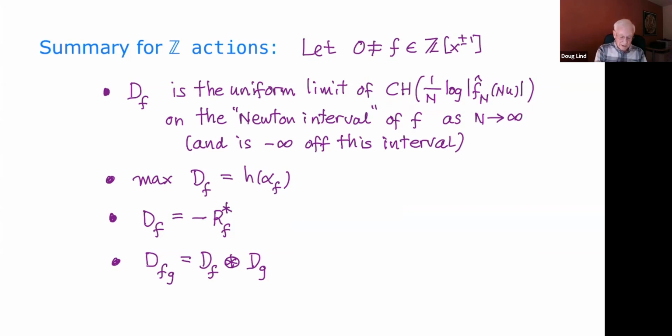The maximum of this decimation limit is the entropy of the algebraic action. We can compute this by using the negative of the Legendre transform of f, the Ronkin function of f. And these obey a sort of tropical relation that the decimation limit of f and g is the tropical convolution of f with g.